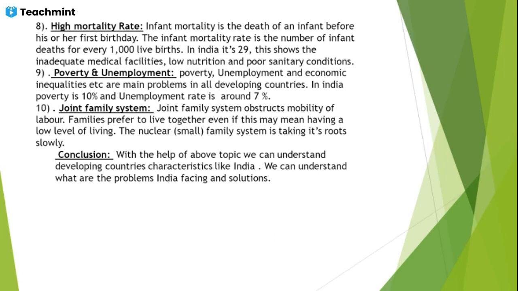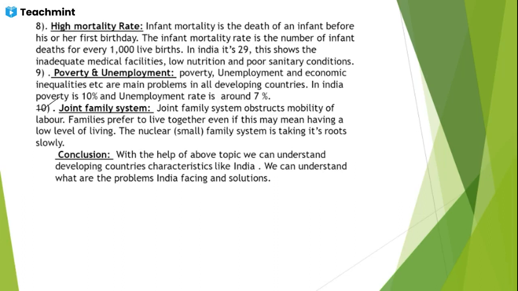And the next one, the joint family system. In India also we can see many joint families. The joint family system obstructs the mobility of labor. Mobility means moving from one place to another. When there is a joint family, they won't go outside or far from their home.